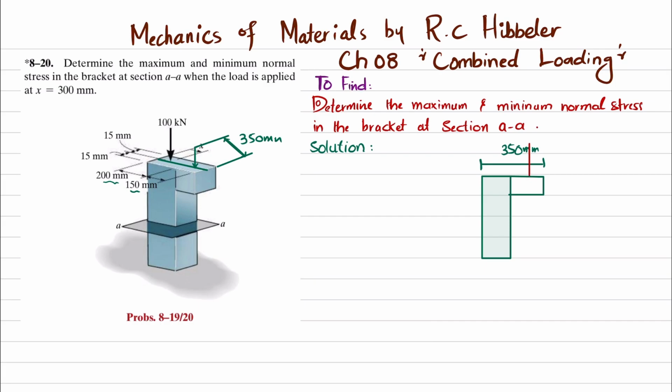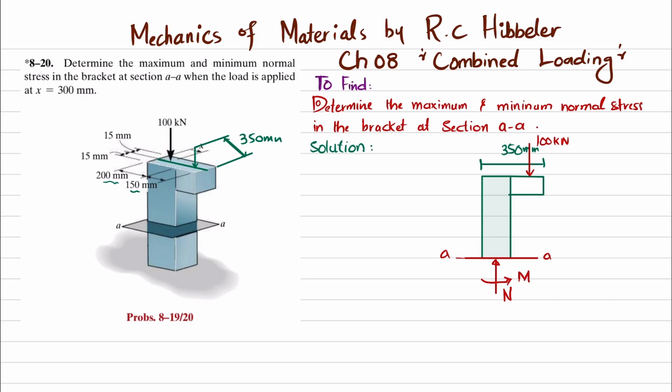When you section it at section AA, this is the line of section AA, you will definitely have a normal force at the center of this section. Let this force be represented as N, and you will have a moment as well.